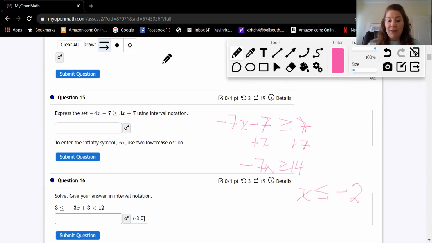So if I graphed that, we would have -2, and that includes -2. It'd be filled in, and our arrow will be pointing to the right. So interval notation means that it goes from -infinity through -2, and since it includes -2, we would have our bracket. Good deal.